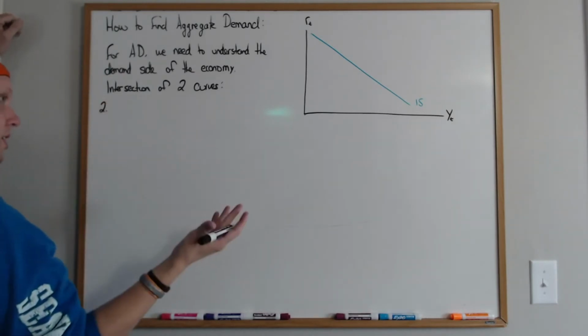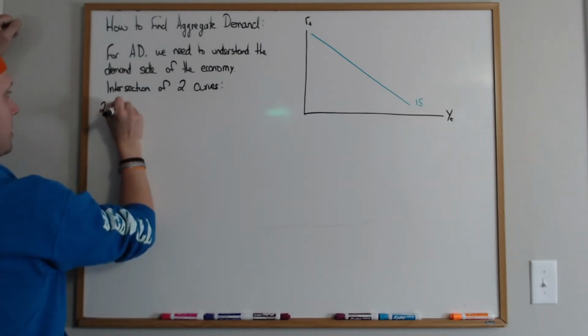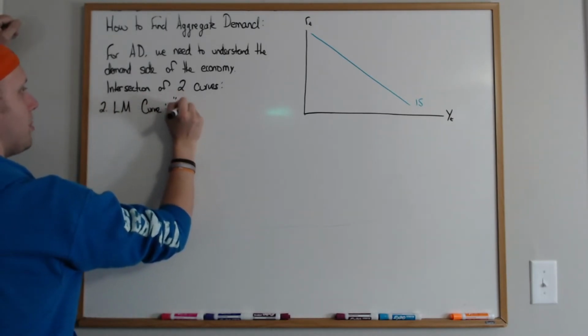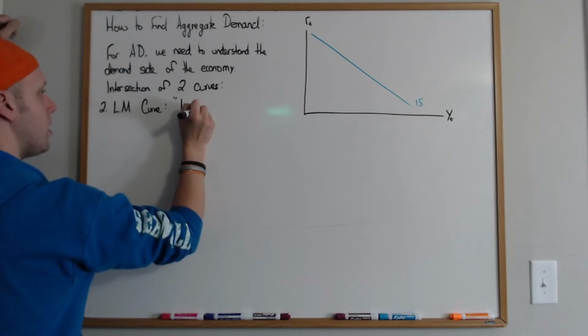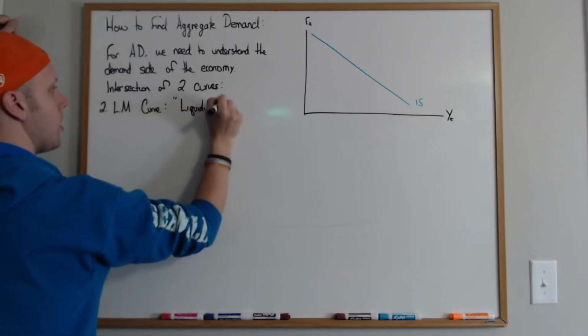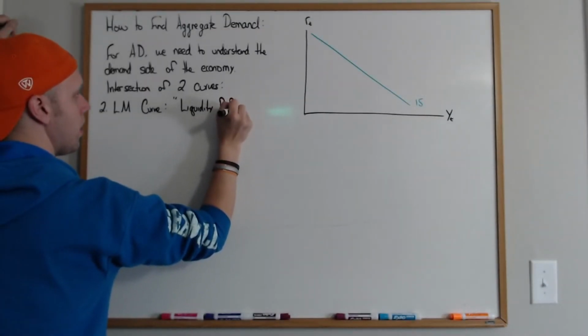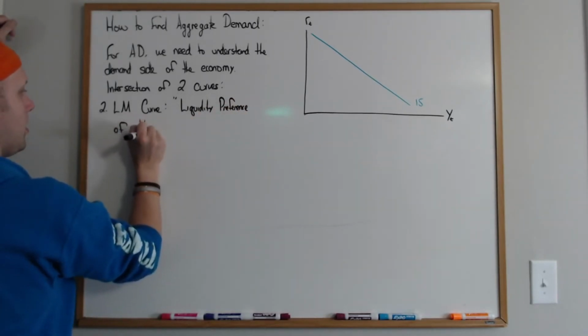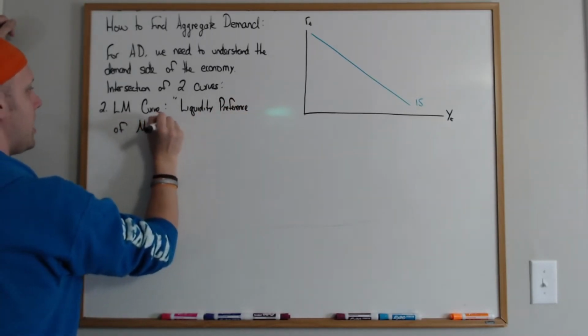So the first one was the IS curve. The second one is what's known as the LM curve, where LM stands for liquidity preference of money curve.